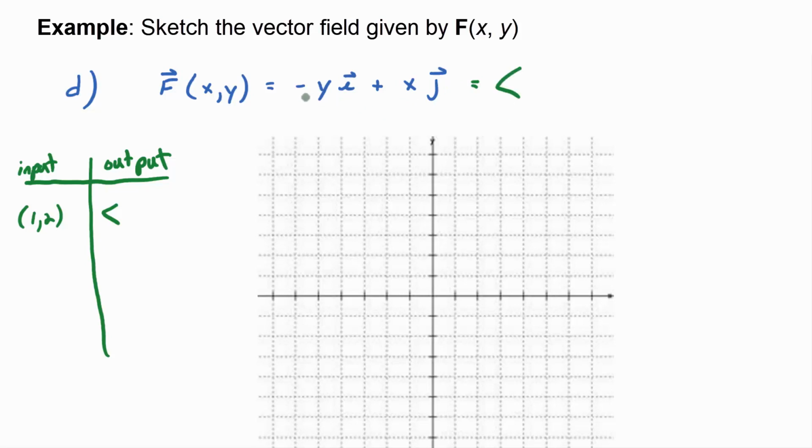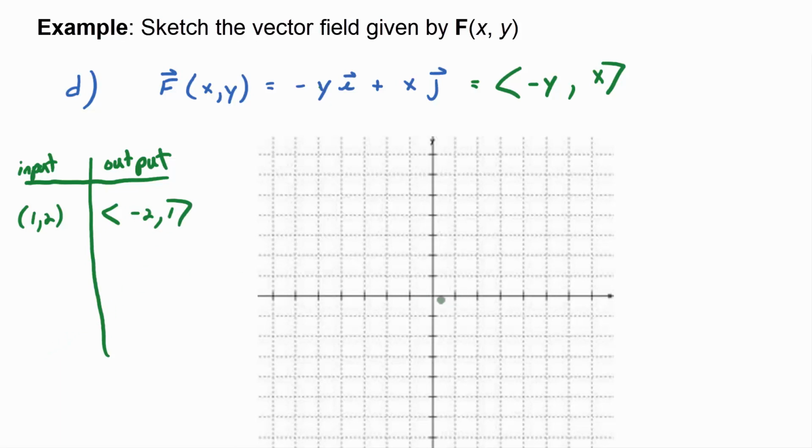In component form, the vector negative yi plus xj has components negative y, x. So if you put in an input of 1, 2, what would the output look like? Yeah, negative 2, 1.